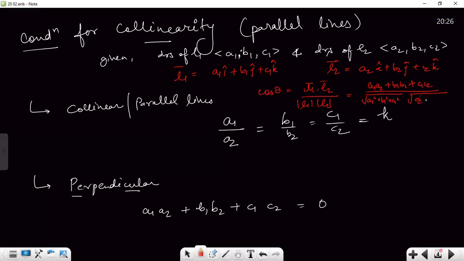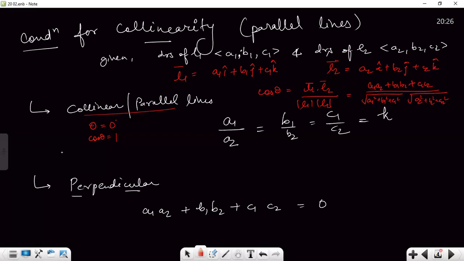Magnitude of L2 is root of A2 square plus B2 square plus C2 square. So when they are parallel, theta is 0 degrees and cos theta should be 1. So A1 A2 plus B1 B2 plus C1 C2 divided by the magnitudes should be equal to 1.